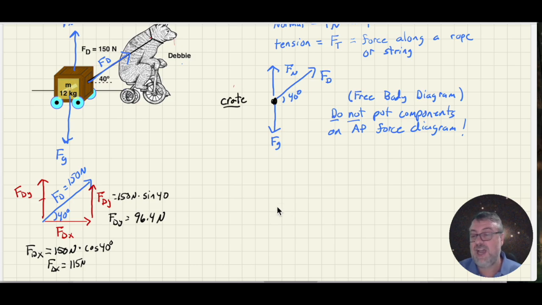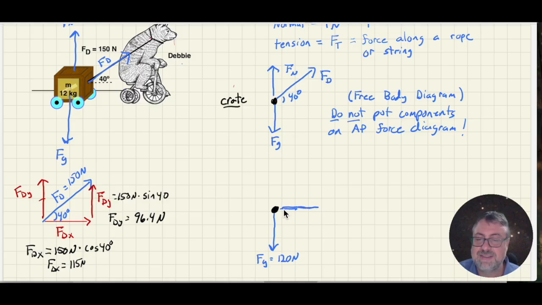All right, so now if I do a force diagram with the components, the picture will look a little bit different. So now with the individual components, I still have the weight vector, or gravity. And remember, that's 120 newtons in the down direction if I assume that gravity is 10. Now, I have Debbie's forces acting on it, but now I want to put in the components.